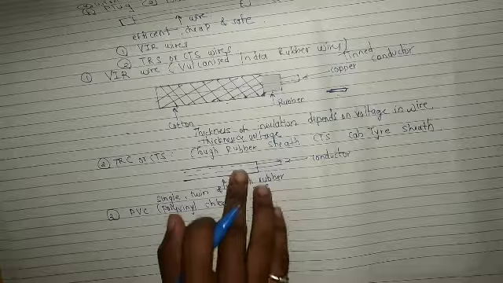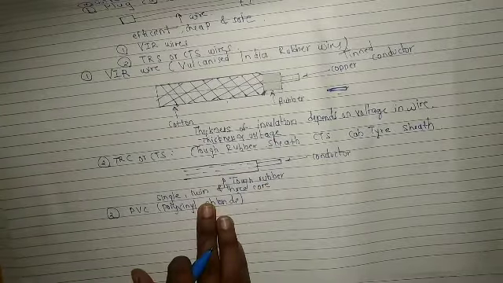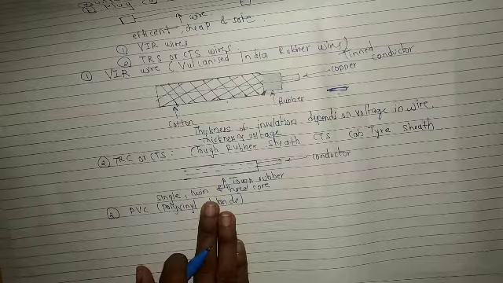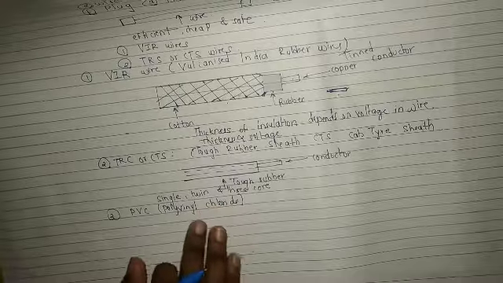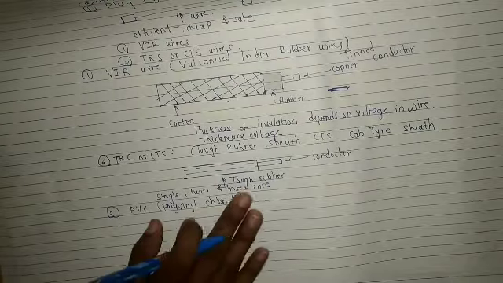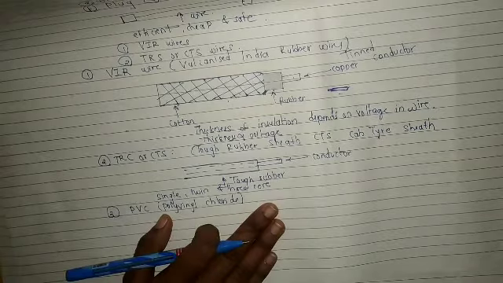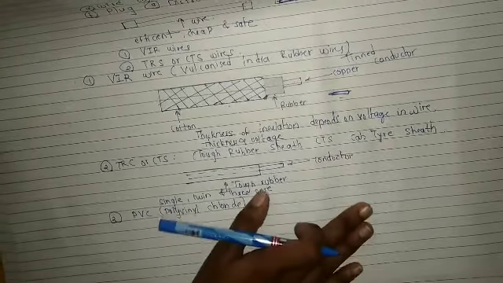So instead of rubber, we can use polyvinyl chloride. It resists chemical action and direct sunlight. That means this insulation, or this type of wire, will not get affected by chemical actions and also direct sunlight.